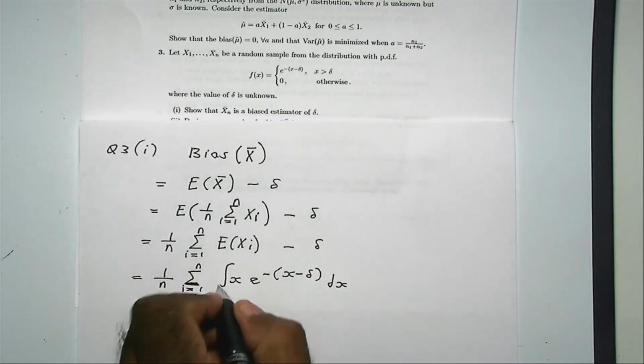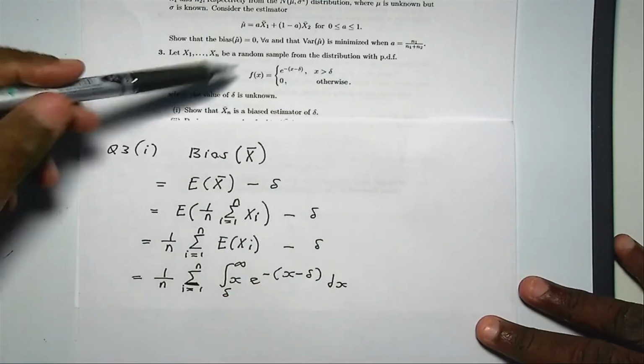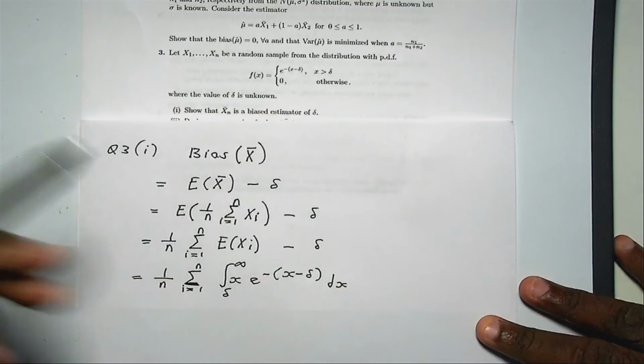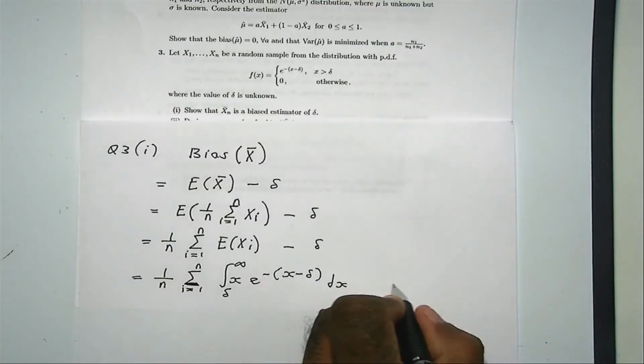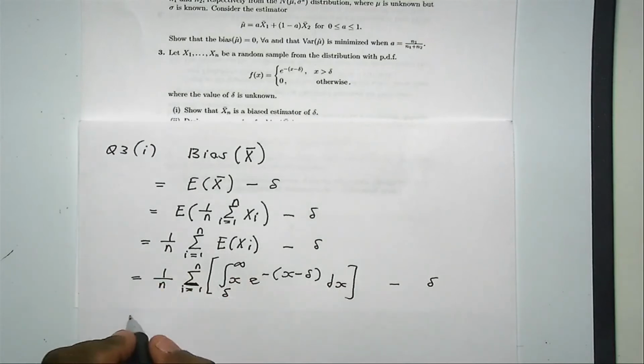We integrate from delta to infinity because the range of x is greater than delta. This is where your calculus comes in.